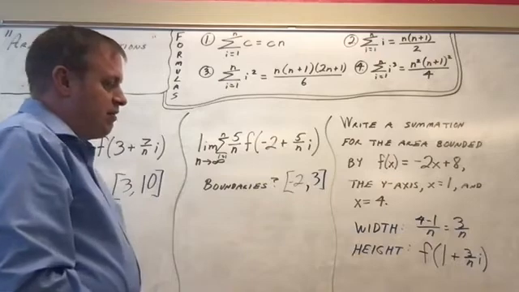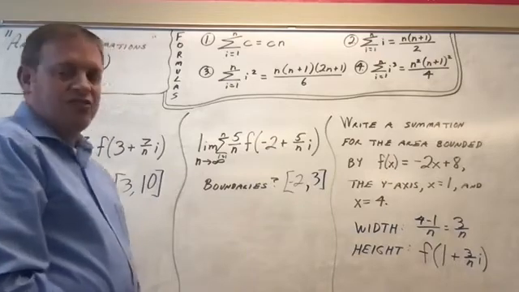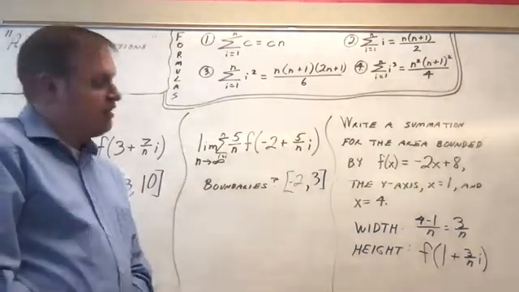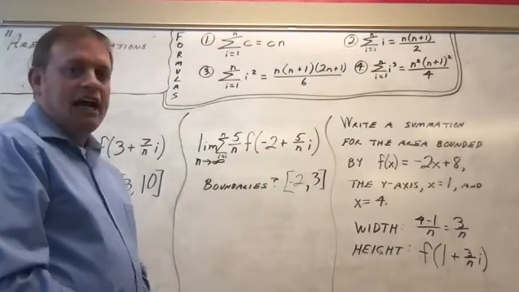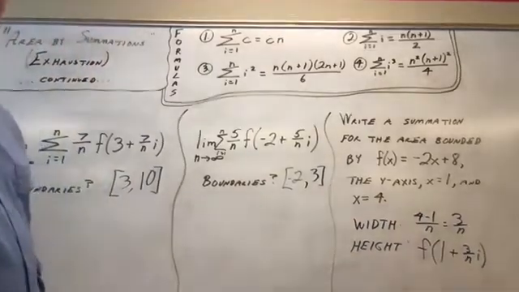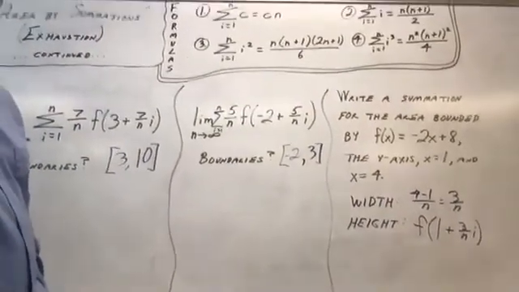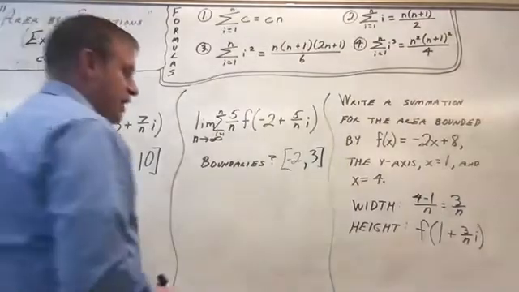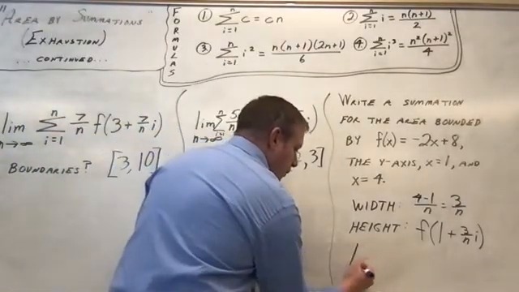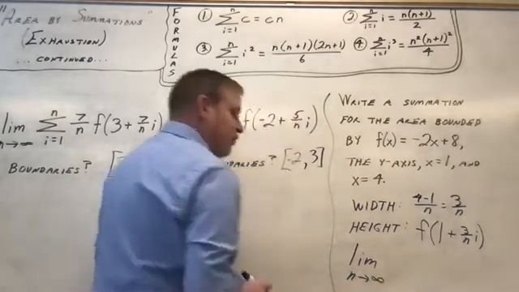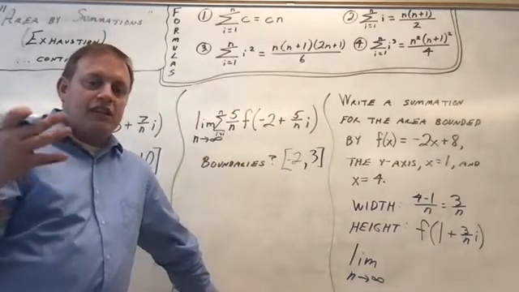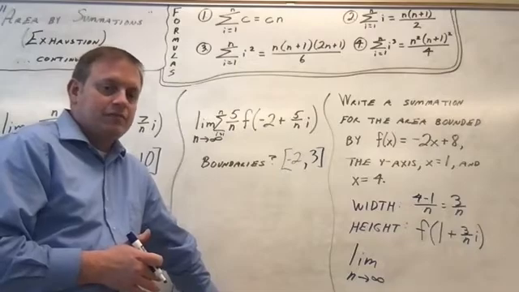Now, the goal is to find the area under this curve, under this graph right here, underneath the function. So to do that, I'm going to need to write this as a summation. And so let me do that right below. We don't know how many rectangles we want to use, but we know we're going to use a lot. So we're going to do it as the limit as n approaches infinity.